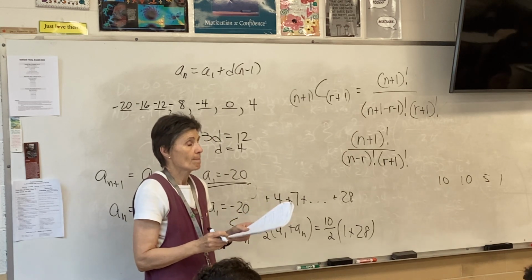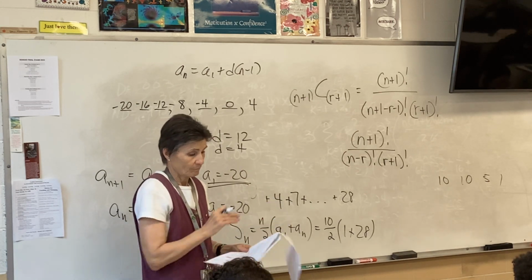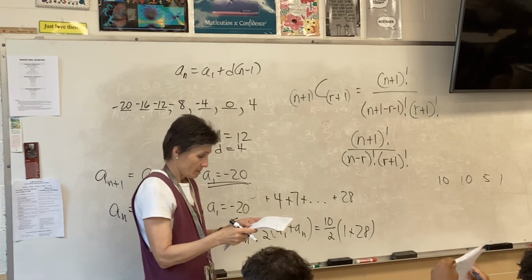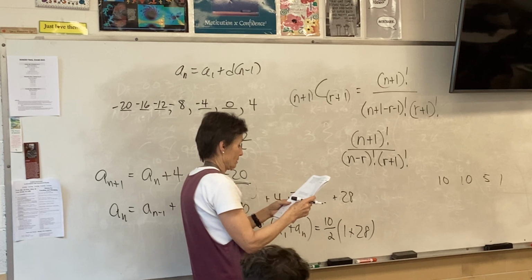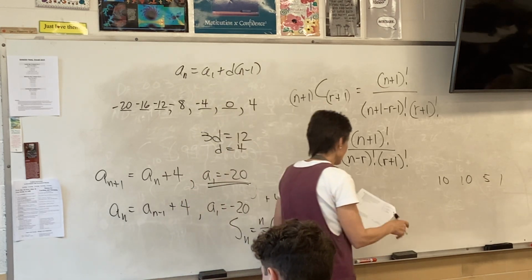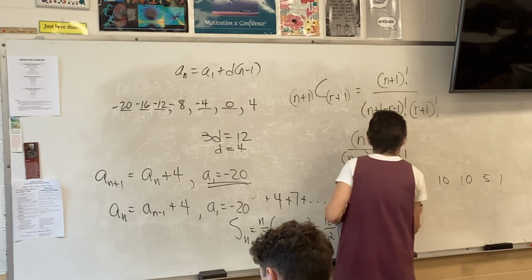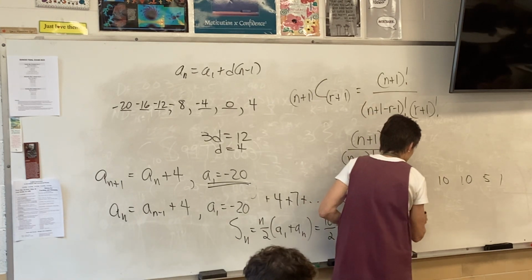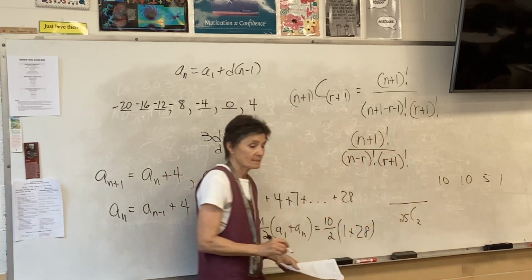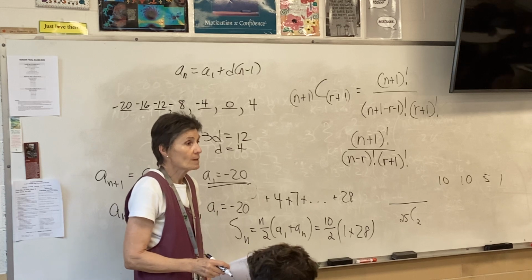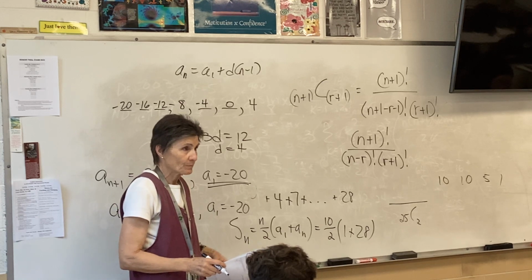Lucy? On the 9.3 homework, can you do number 6? Two cars are selected at random, so my denominator is going to be 25C2. Because what is the denominator of every probability problem? Total. How many total cars do you have? 25.